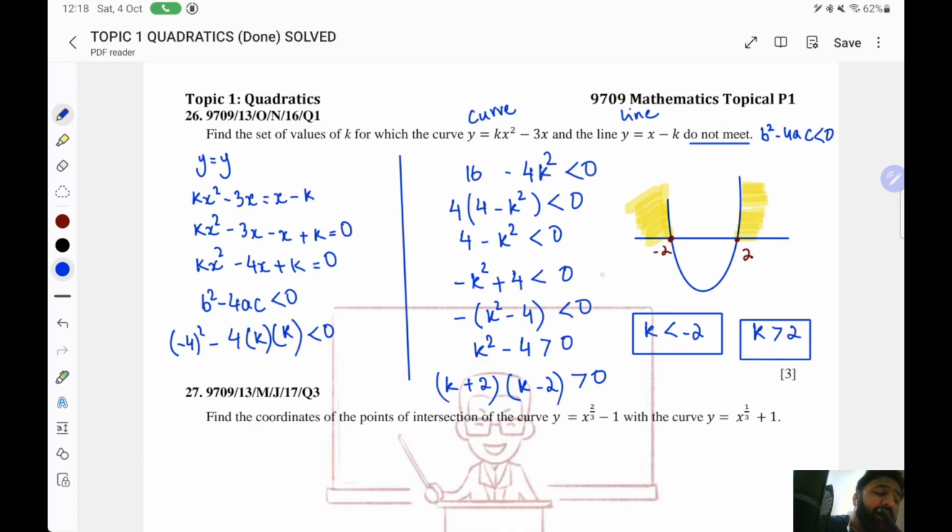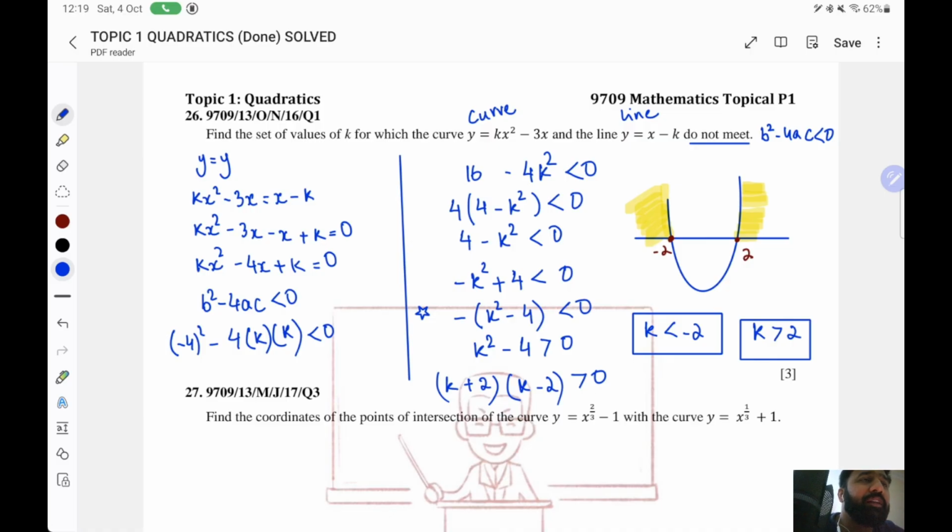I have applied the discriminant to be lesser than 0, and I have kept the discriminant lesser than 0 throughout the question. But over here in the second last step, I have to make it look like the identity, which is a square minus b square.